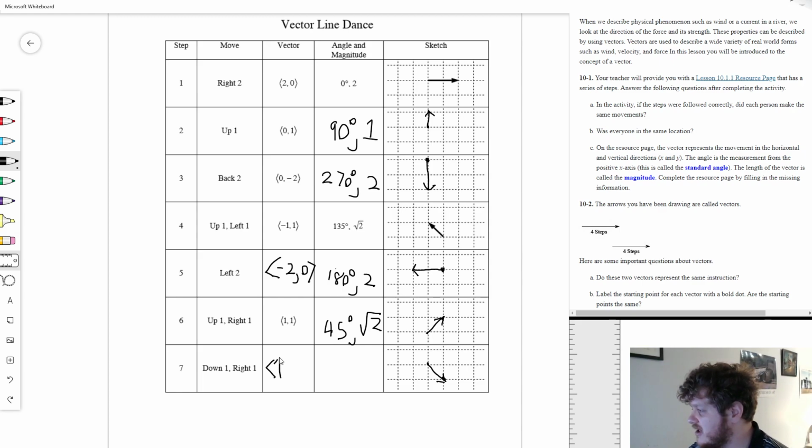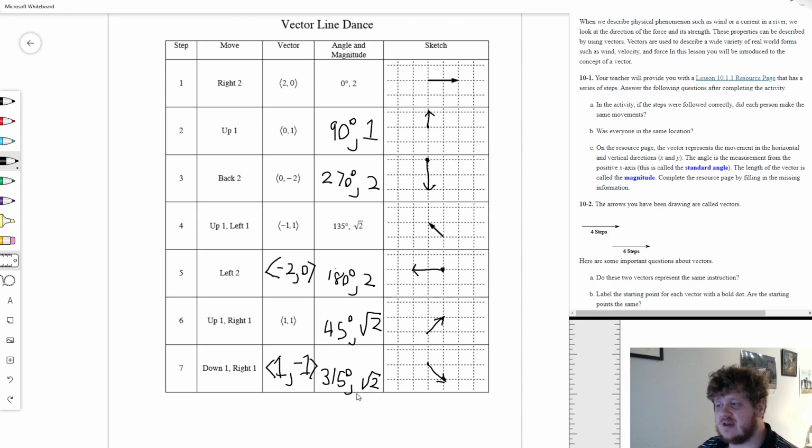So that one was a positive 1. And then our down 1 was a negative 1, because that was the negative y direction. And then in terms of our angles, we could say it's negative 45, or we can go all the way around the circle and say it was 315 degrees, comma, once again, 45, 45, 90 triangle with 1 and 1, so that would be root 2.